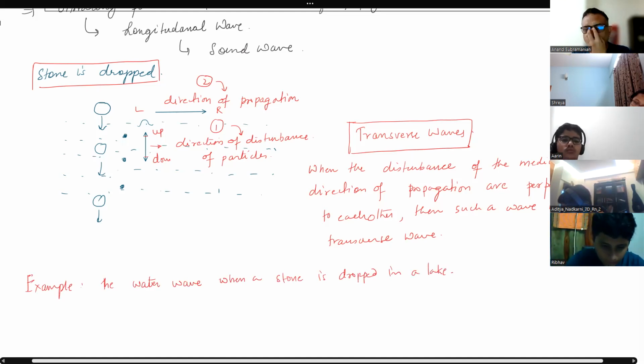We don't say ocean because there is so much disturbance you can't see. For us to understand the concept, you have to take a still lake and drop a pebble. Then you can see that.